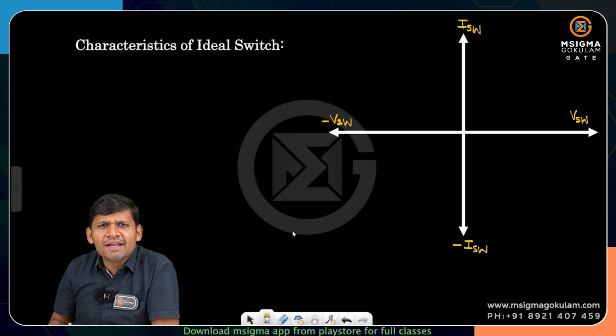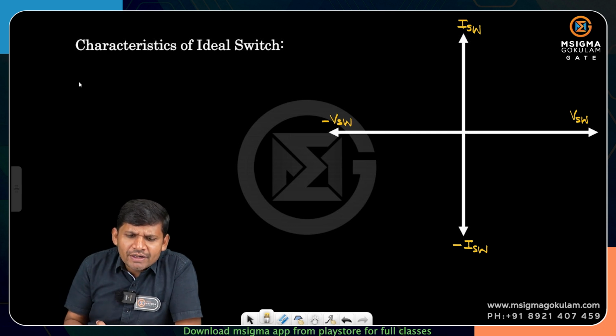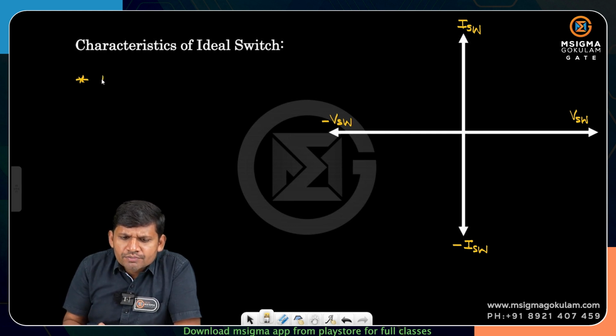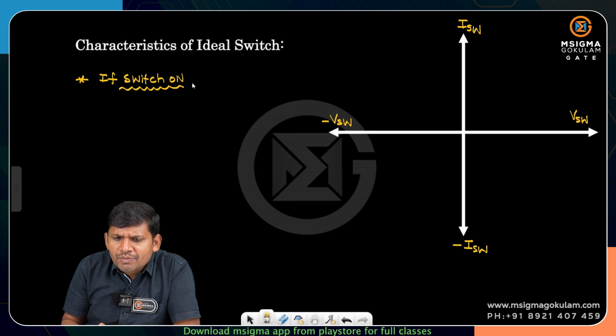Then how to draw the ideal characteristics? We know that if the switch is on, what is the observation? If the switch is on, the voltage across the switch is 0 and it carries any current from minus infinity to plus infinity.